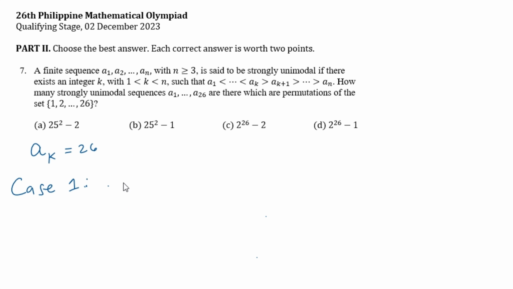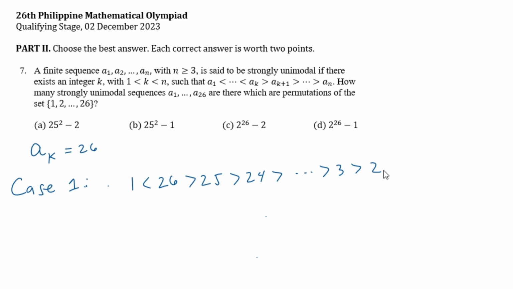For example, we can have 1 to the left of 26. So we have 1 less than 26 and then the rest to the right of 26. So we have 26 greater than 25, 25 greater than 24, and so on, up to 3 greater than 2.